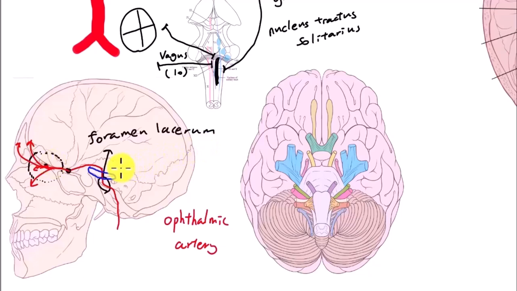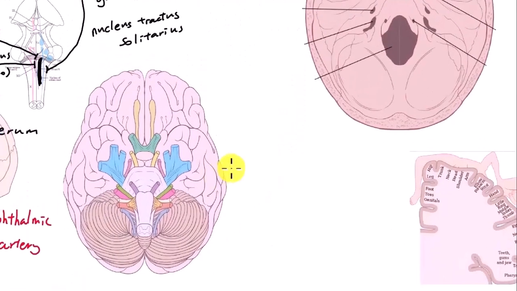The second branching from the internal carotid artery I want to mention is the posterior communicating artery. And the posterior communicating artery is the one that completes the circle of Willis. Vertebral artery merges at the medulla, rises up at pons, and it branches out into the posterior cerebral artery at the level of midbrain, just above the oculomotor nerve.